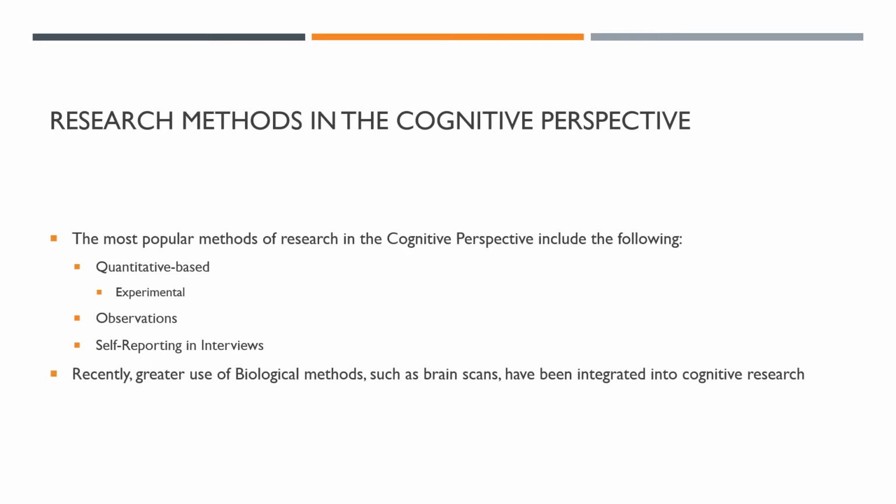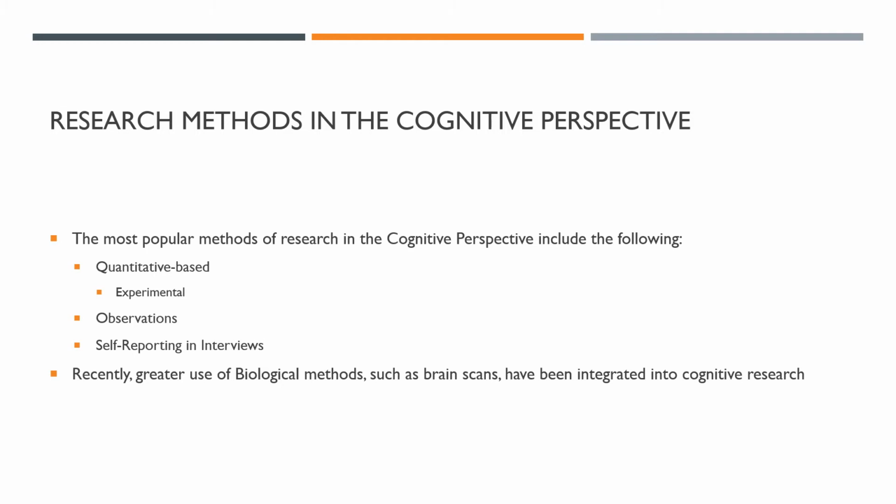So just a few research methods that are used in the cognitive perspective. There are a few. The first one are quantitative based, experimental in nature, where people are, of course, randomly sampled, and we'll see quite a few of them in this unit. The next one are observations.